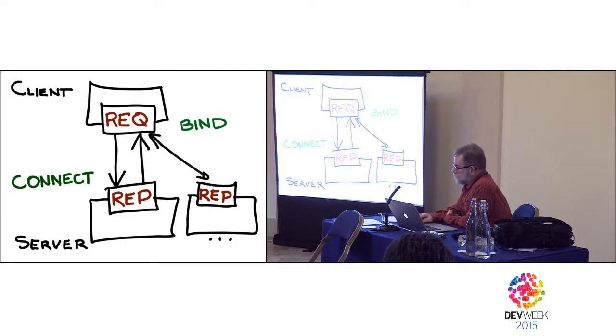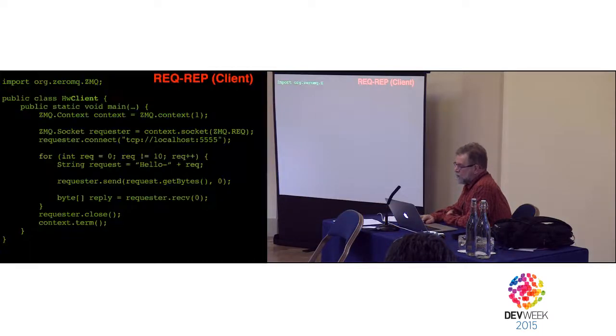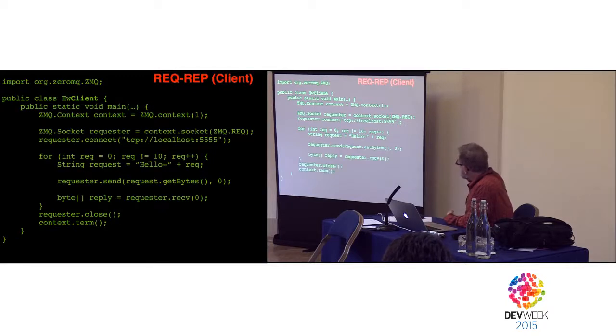All right? Now let's look at how this is implemented, because this is really at the heart of how ZeroMQ works. The code is extremely straightforward. This is Java. I put all the examples in Java. The C# client is actually a little simpler still. So in the Java implementation, as with all implementations, you have to start out by creating something called a context, which is the creator of all sockets.